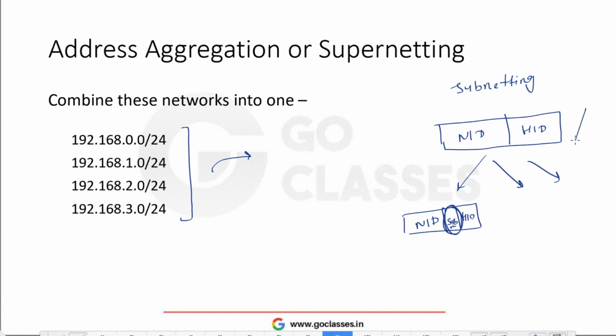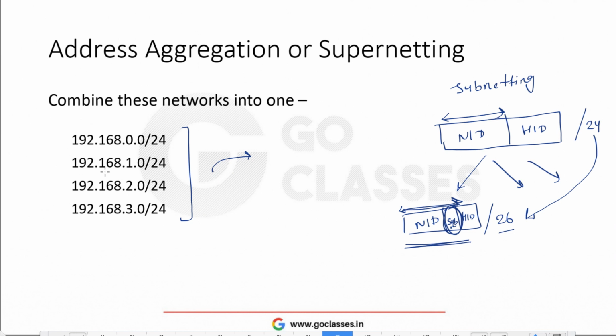Initially, let's suppose this was 24, which means 24 bits are fixed. Now for each subnet, the subnet number is also fixed. Let's suppose 2 bits are the subnet number, then it will be 26, which means I'm borrowing some of the bits from the host ID and merging them into the network ID. So the prefix length is increased from 24 to 26.